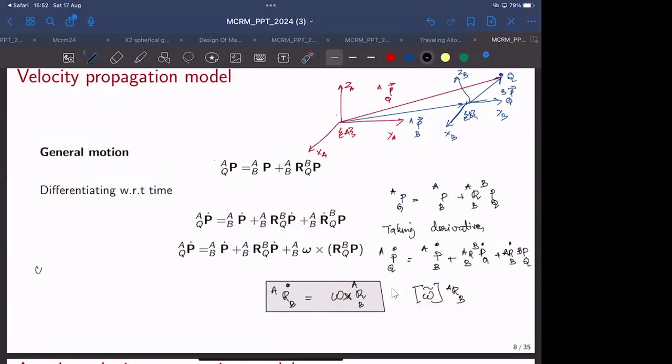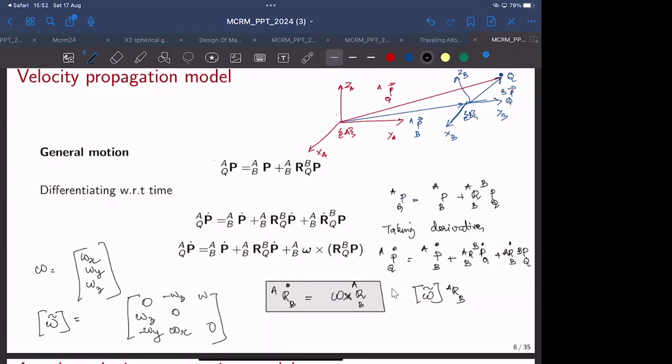For example, if omega is omega x, omega y, omega z, the cross product matrix omega tilde, the skew symmetric matrix, would be something like this: 0, minus omega z, omega y; omega z, 0, minus omega x; minus omega y, omega x, 0.